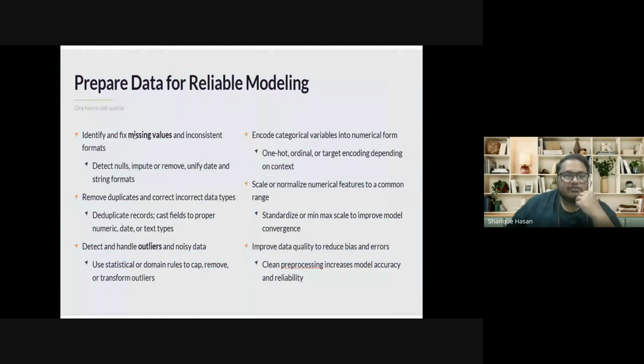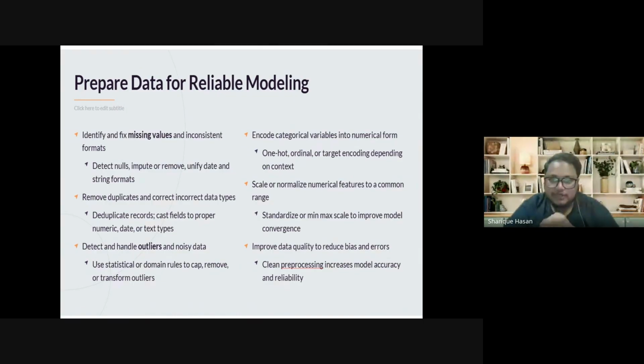Identify and fix missing values and inconsistent formats. What do I mean by inconsistent format? Suppose a table has roll numbers, and in some places there is no roll number and a name is written instead, or there are two or three gaps between the roll numbers. That is inconsistent, and a missing value also.